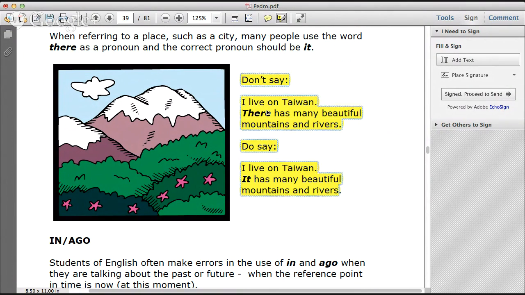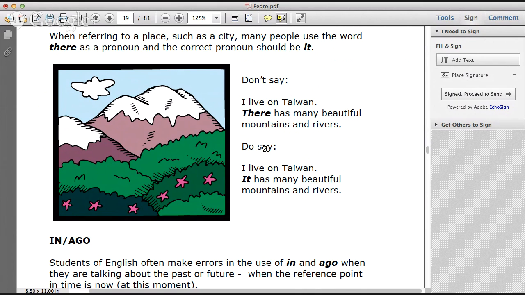Now this is a very common mistake that I hear Spanish speakers and Portuguese speakers make, because you can say ahí or allí in this place where we have the word there, and that's where you are translating that from.